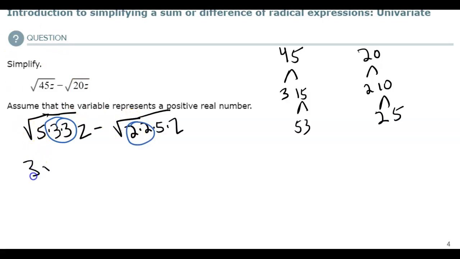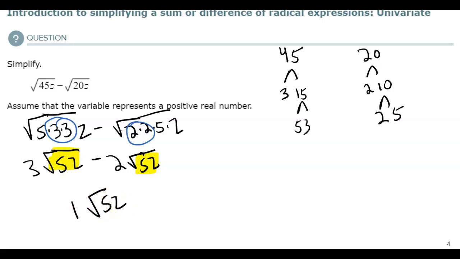I end up with a 3 square root 5z minus 2 square root 5z. Since what's under the radical is the same, I can just do 3 minus 2, which is 1 square root 5z.